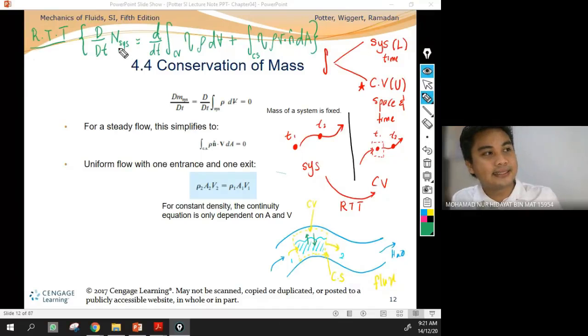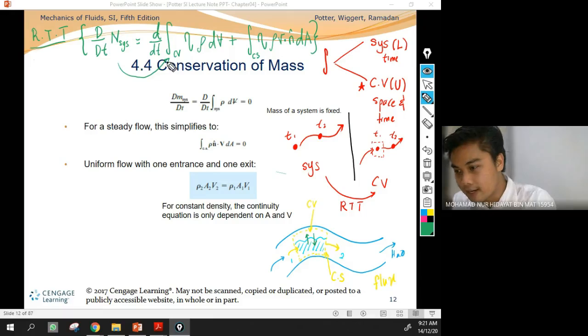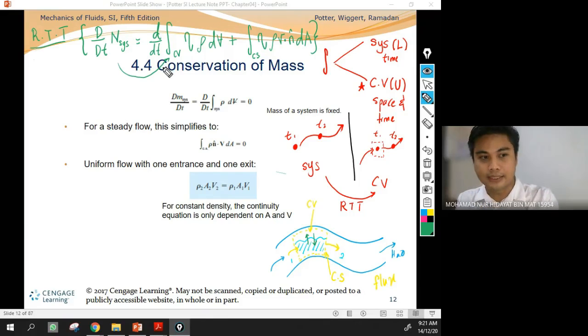You can see the first is the system. We convert it into the control volume. So this is where we convert from the system to the control volume. However, the control volume has two definitions: control volume and control surface.